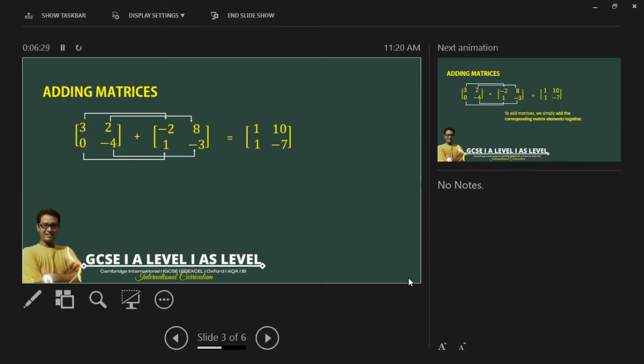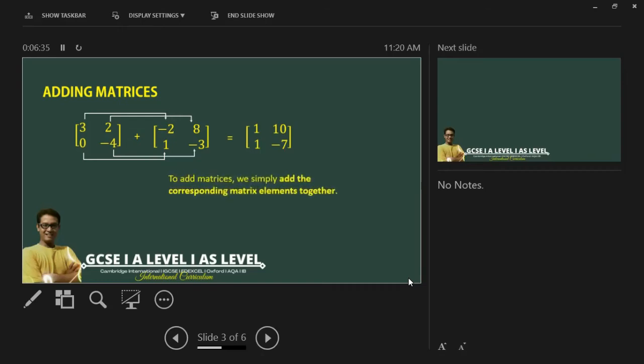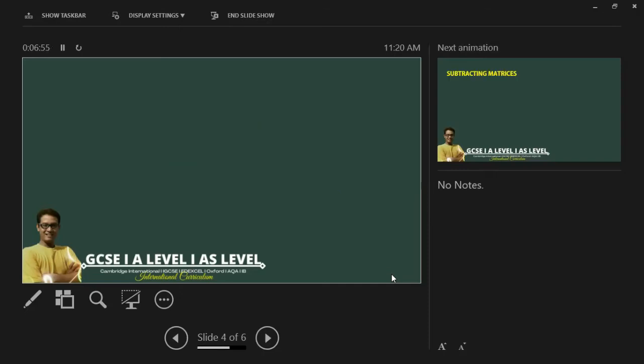Very simple, right? So what is the conclusion? To add matrices, we simply add the corresponding matrix elements together. That's the key point. Clear, everyone? This is adding matrices.